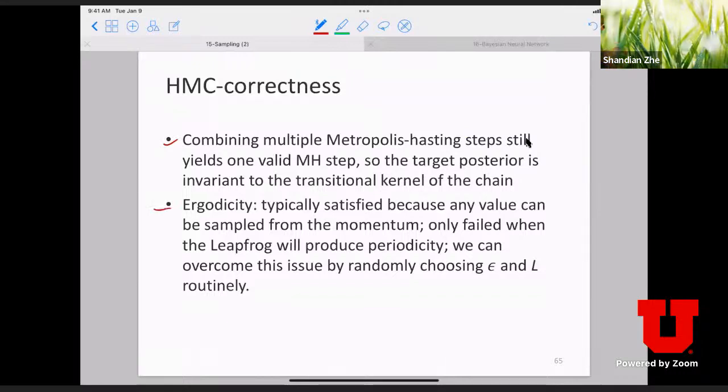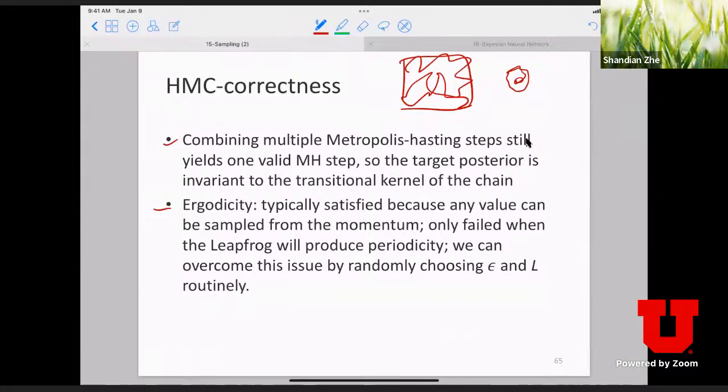Another thing is about ergodicity. Ergodicity means that you have to ensure your chain is able to explore the whole space of possible random variable values. If your chain is not ergodic, it might be periodic, which means it might be restricted to a small region. That's not good.